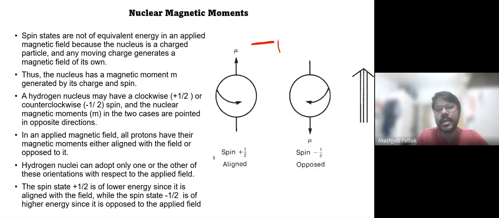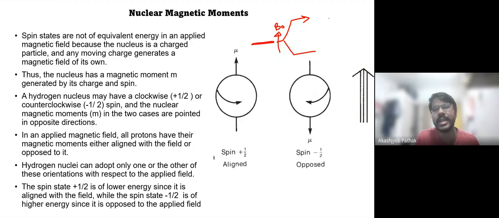Once you apply the external magnetic field B naught, the nuclear spins can attain different states, depending on the I value. So spin states are not of equivalent energy in an applied magnetic field.